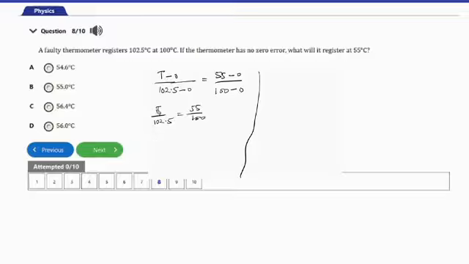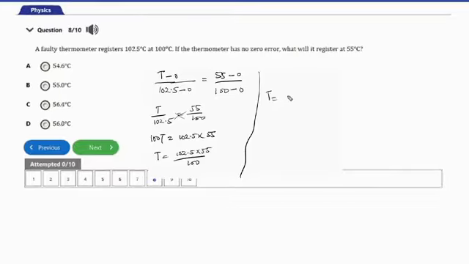So guys, in that case, if we want to make T the subject of this equation, it means that T times 100, that's 100T, is equal to 102.5 times 55. So in that case, T is equal to 102.5 times 55 over 100. That will give us 56.4. So that's it for this question. Option C is the answer to this question.